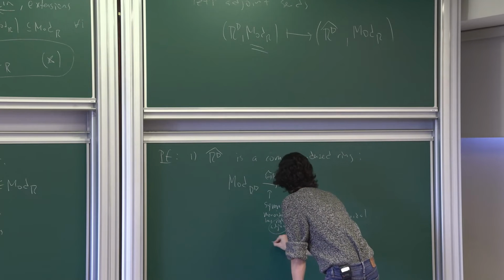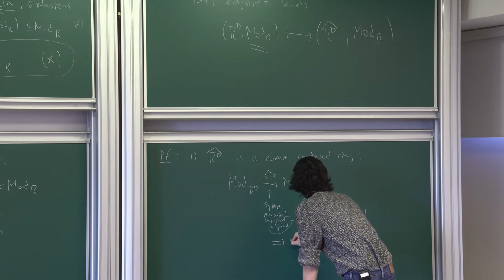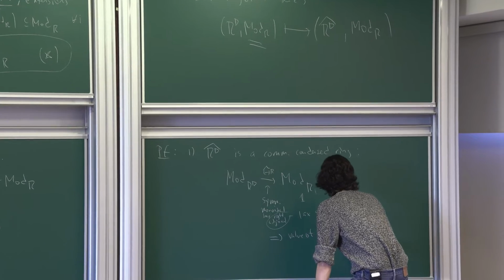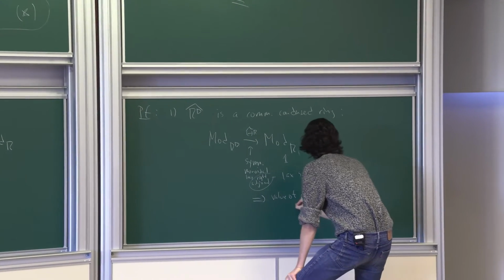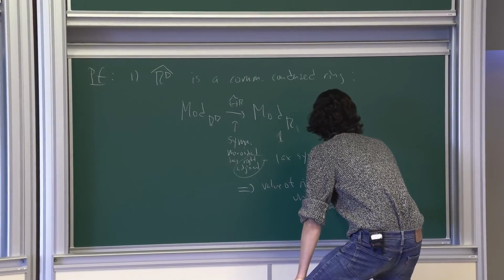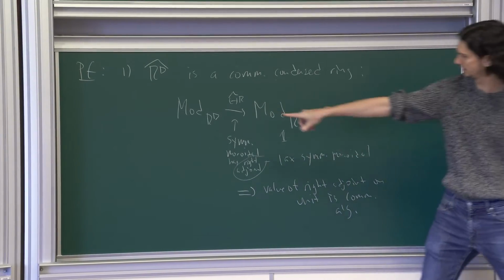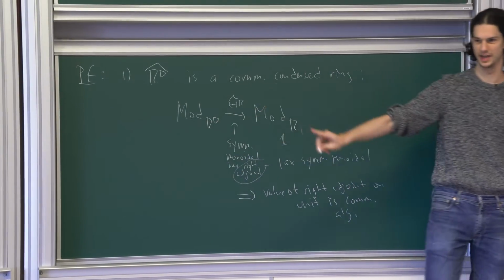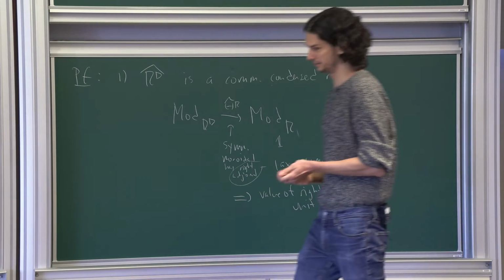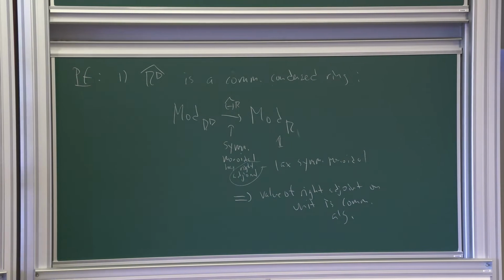So it is a commutative algebra in this tensor category, and therefore a fortiori in condensed abelian groups, so it's a condensed commutative ring.